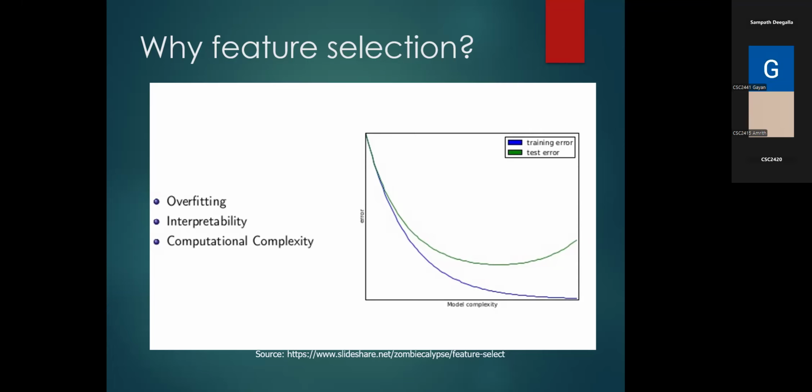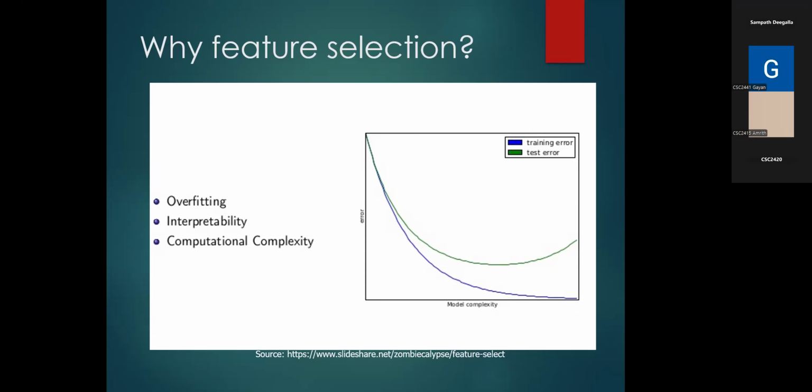What I really want to answer is why you need to do feature selection. When you are selecting features, you can avoid the issue of overfitting. Second, by reducing the number of features, your model gets simpler, which means you can interpret your decisions. For example, when you have a small number of attributes, it's easier to identify how you came to a particular conclusion.